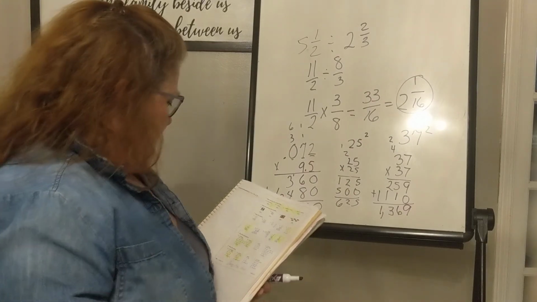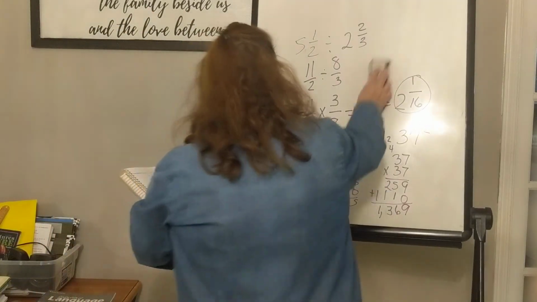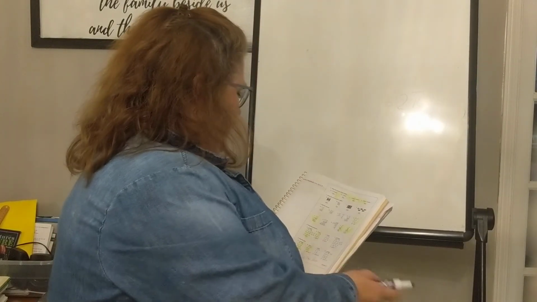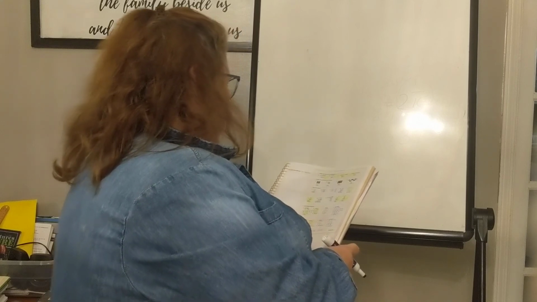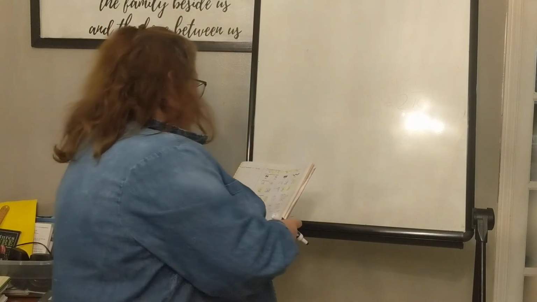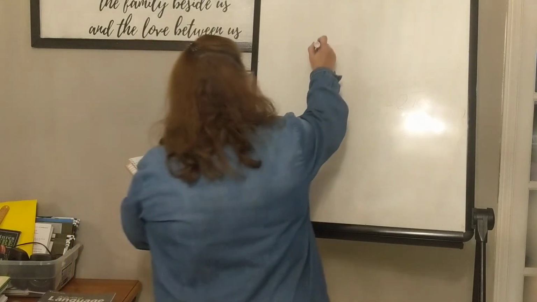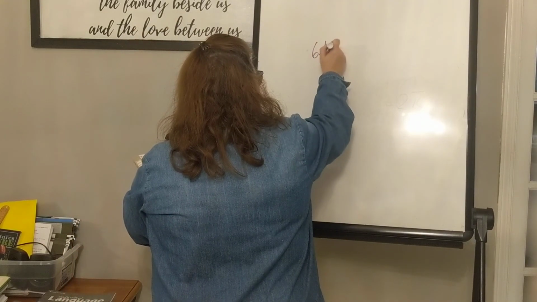We are going to do section 8, letter A. Clean the board real quick. So section 8, letter A, we're finding the perimeter. We have 6 feet by 8 feet. So we have a rectangle.